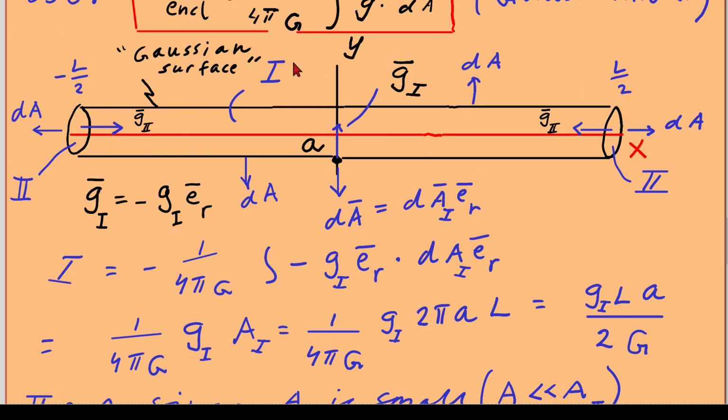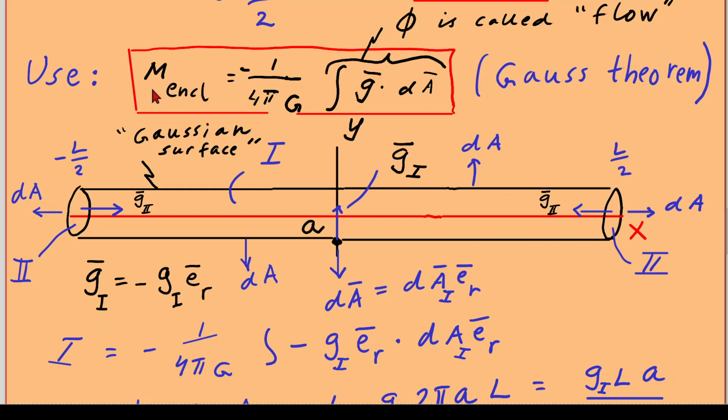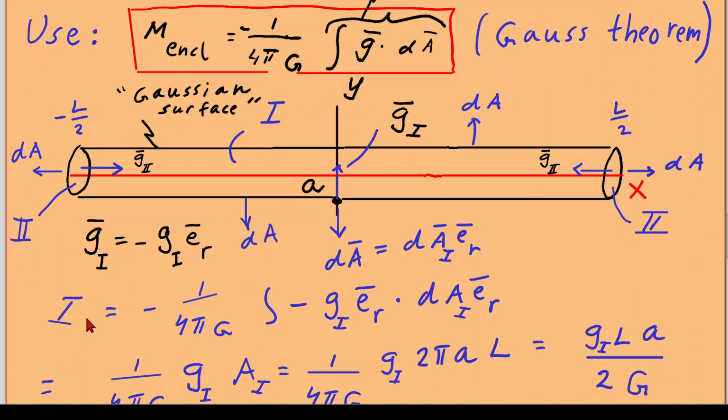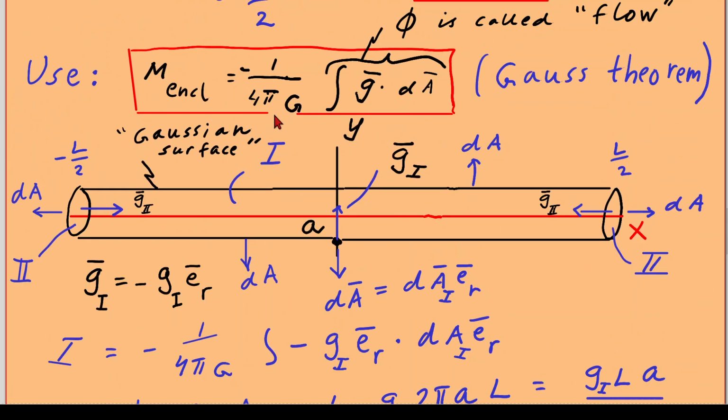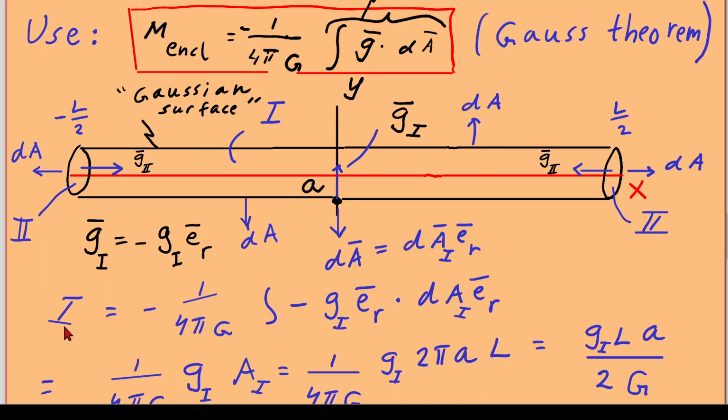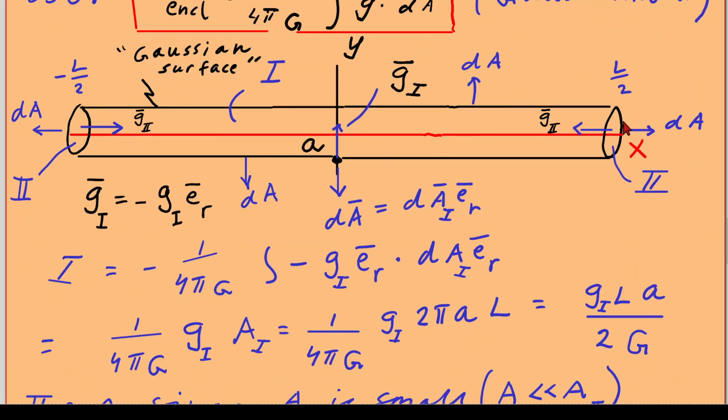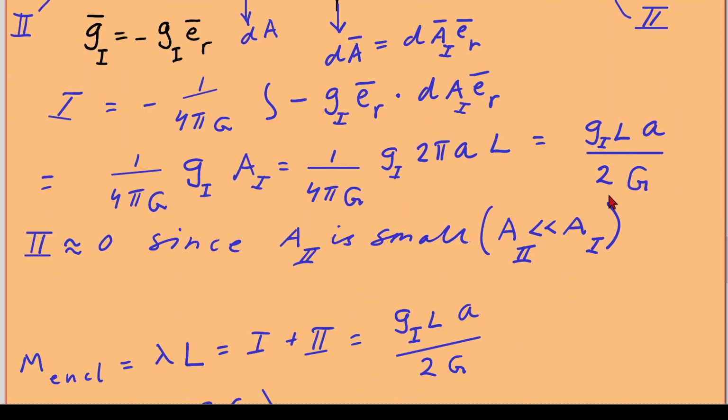So according to this Gauss theorem, M enclosed equals this. It's what we calculated here, and that is over the enclosed surface, so it will be the integral over 1 and 2, but 2 is negligible, so it's just 1.